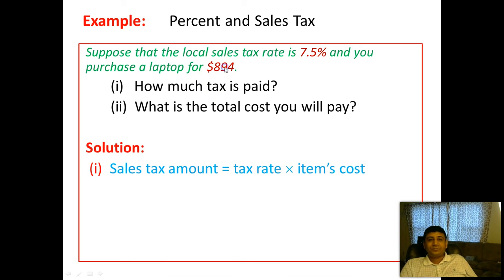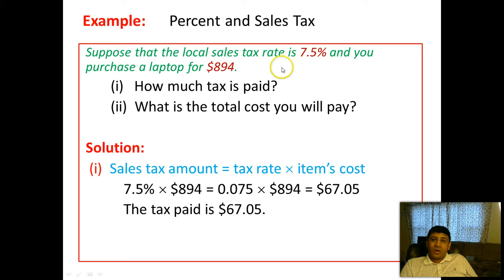So let's calculate the tax first. Sales tax will be the tax rate, which is 7.5%, times the cost of the laptop. Since I told you earlier the tax rate has to be in decimals, you have to convert it.